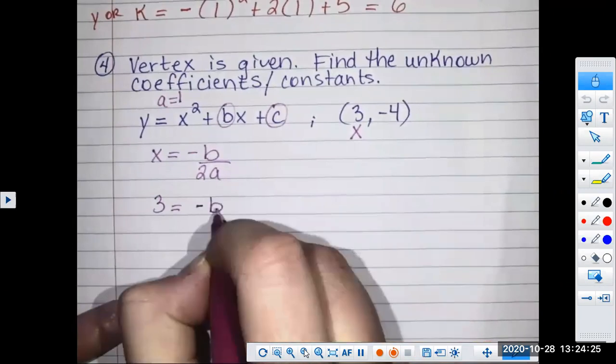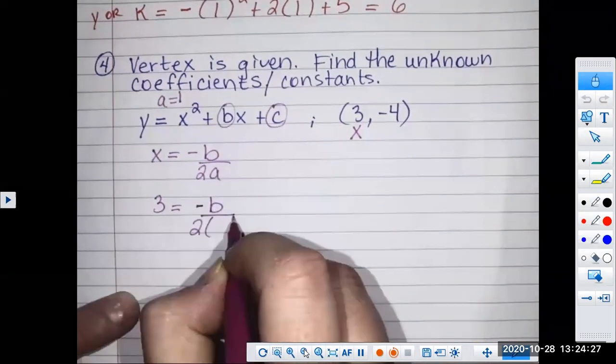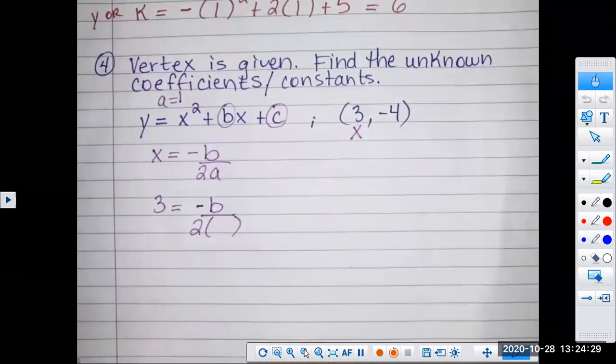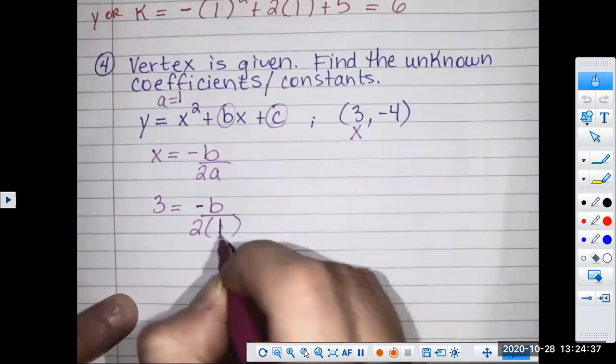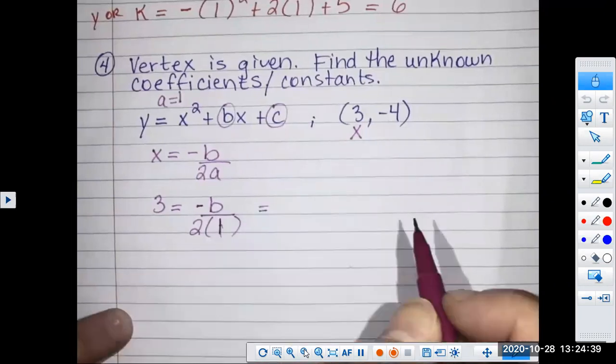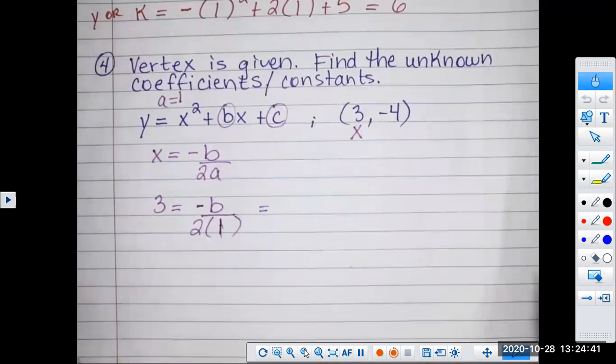And then we're trying to find b, and let's solve for b. Let's plug in, of course, 1 for a, and then go through and solve this equation for b.